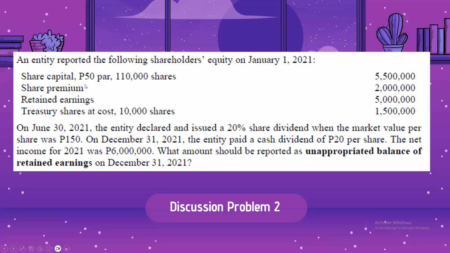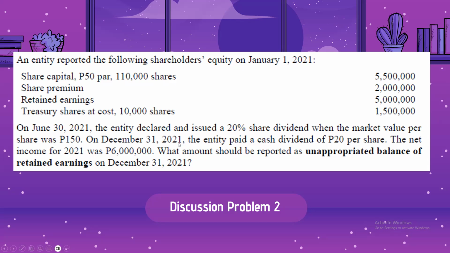So share capital, 50 par, 110,000 shares. That's 5,500,000. Share premium of 2 million. Retained earnings of 5 million. Treasury shares at cost, 10,000 shares for 1,500,000. On June 30, 2021, the entity declared and issued a 20% share dividend when the market value per share was 150.